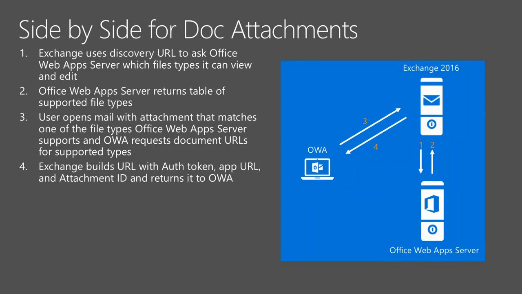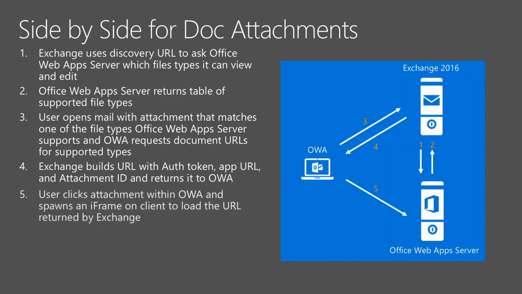When a user opens an attachment with that type, Exchange returns a document URL that it has built with an auth token, with the document ID, so that we can understand which document to go grab. So OWA gets that URL, and when a user actually clicks that attachment to open it, we put that URL in an iframe. And what this does is it points to the Office WAC, or the Office Online server, Office Web App server, sorry.